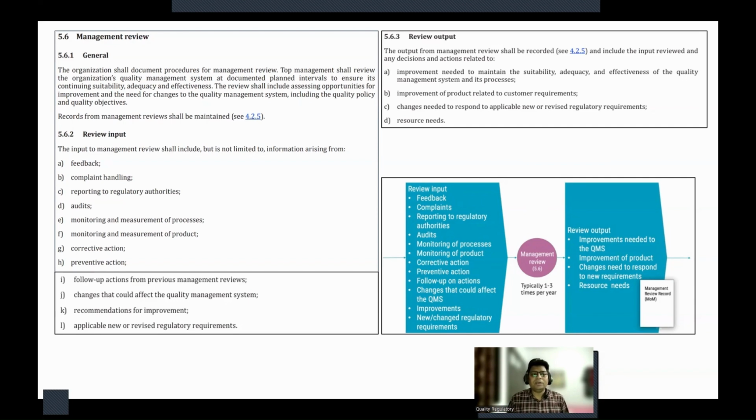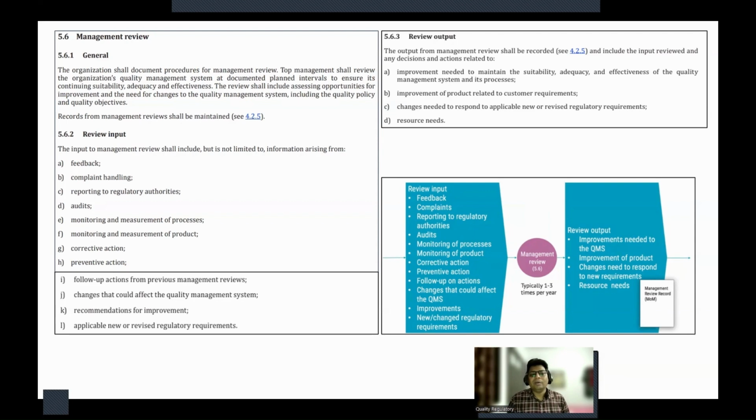All the functions should be there. So why it is done is actually to ensure that the QMS is operating effectively. And what they have to review: feedback, complaint handling or complaint process, reporting to regulatory authorities, audits, monitoring and measurement of process, that could be CAPA or deviations.